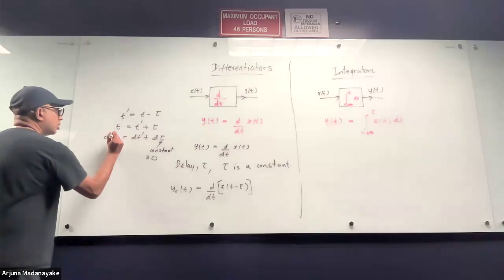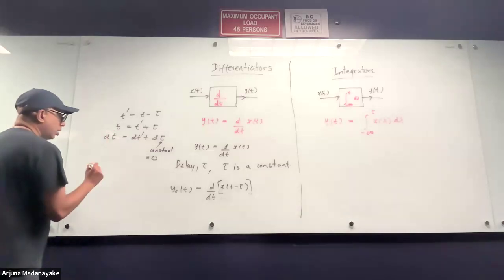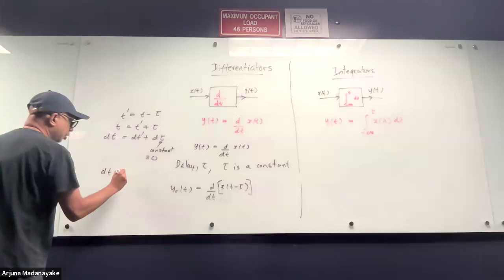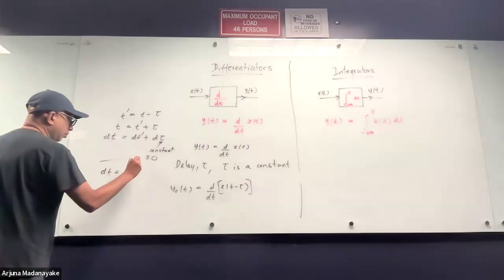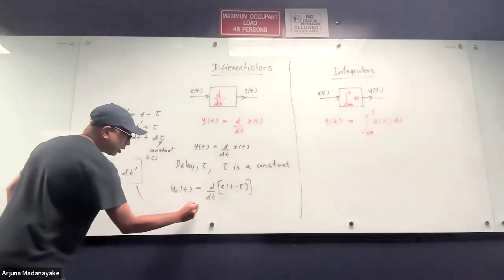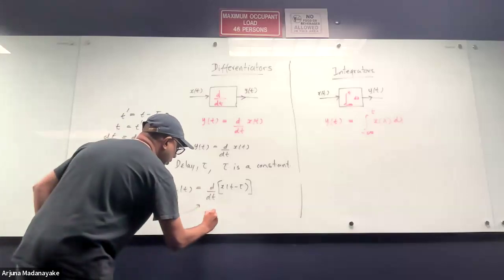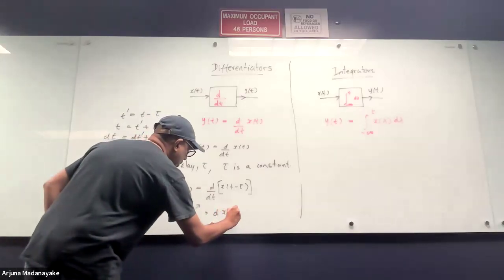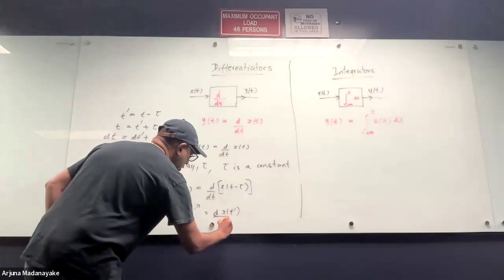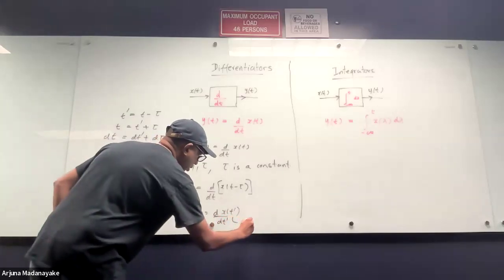So dt is equal to dt prime. I can plug that in here, and what I get is d x of t prime over dt prime, and this is just a dummy variable.